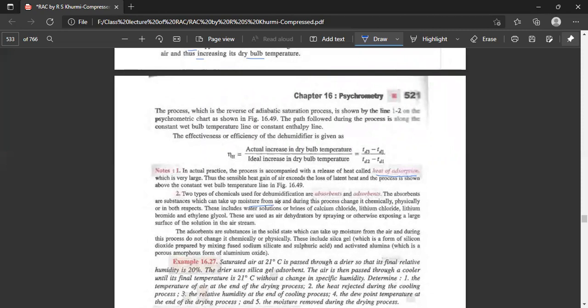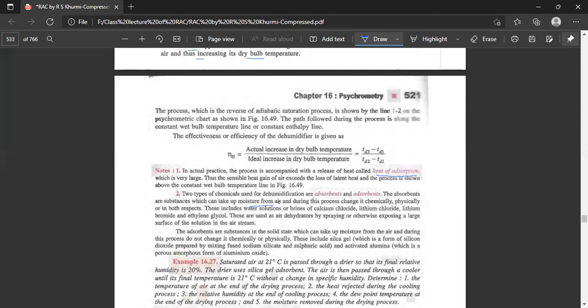These are used as air dehydrators by spraying or otherwise exposing a large surface of the solution in the airstream.